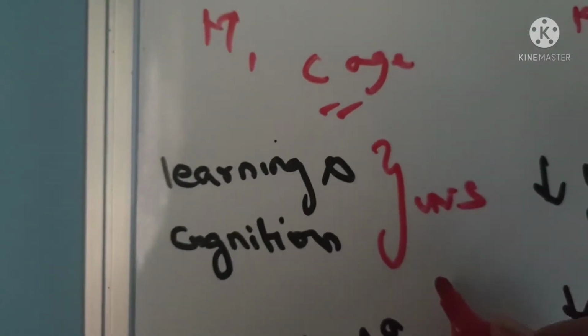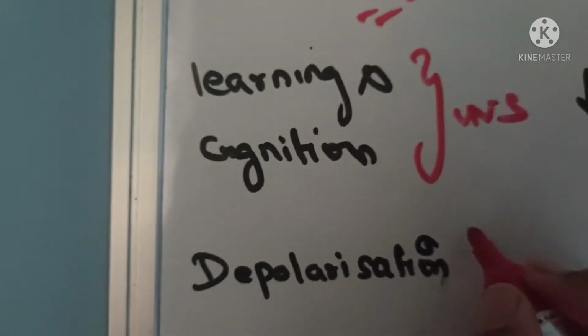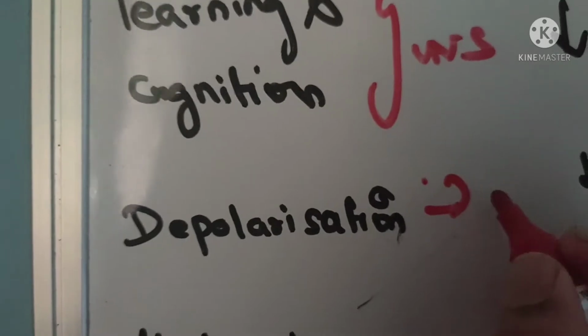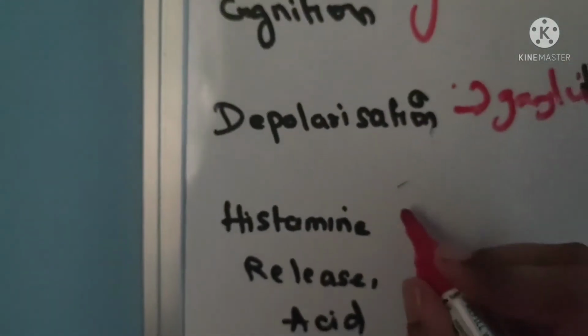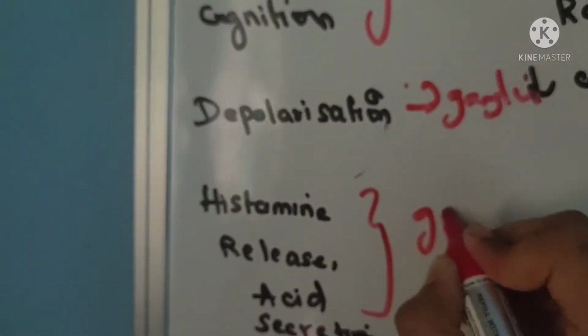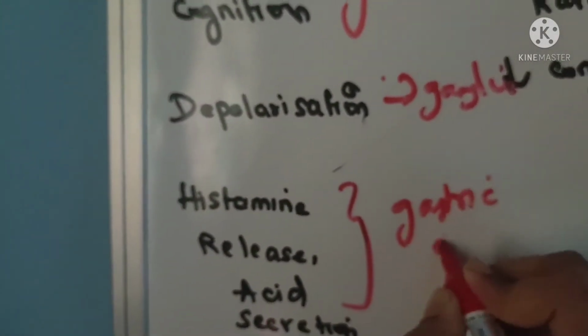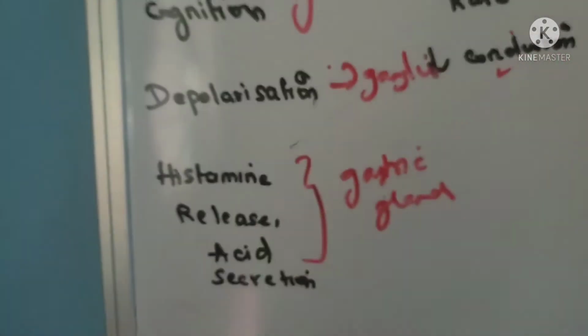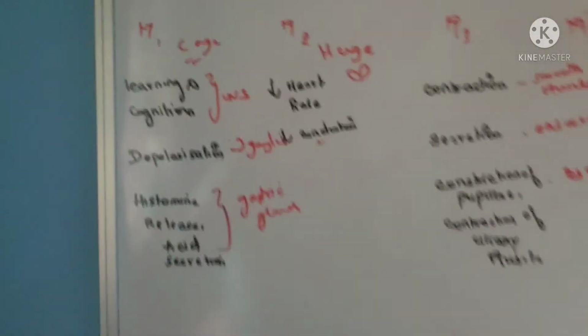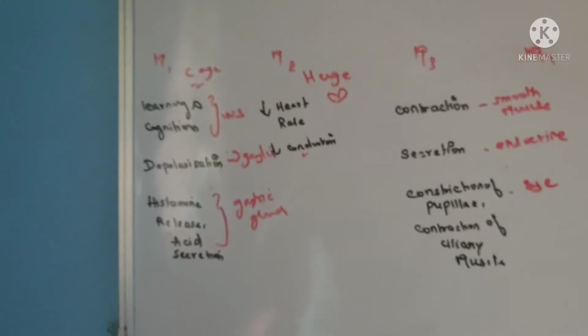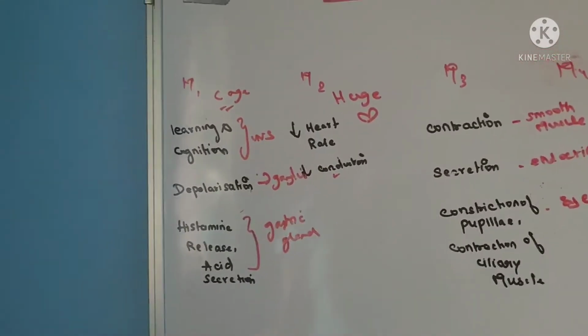Then autonomic ganglia, where it causes depolarization. And in gastric cells or gastric glands, it causes histamine release and acid secretion. So these are the functions of M1, M2 and M3 receptors.